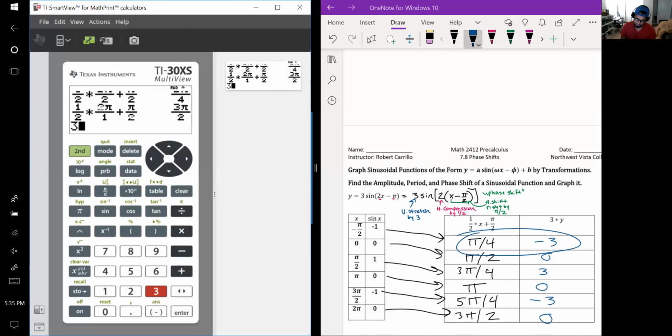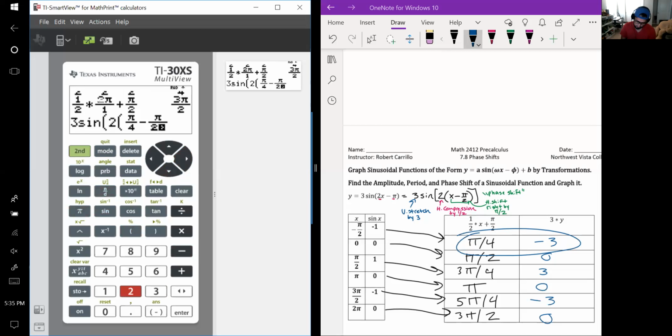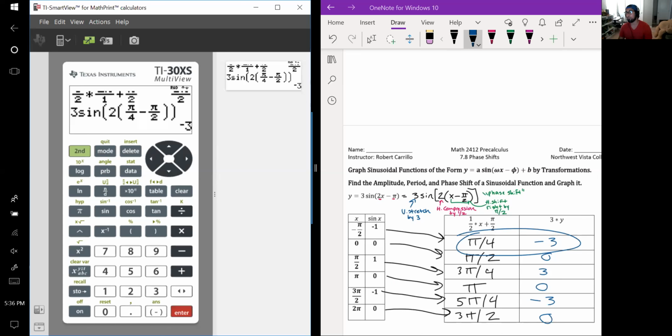And I'll say 3 sine of 2 times pi over 4 minus pi over 2, close parentheses, and that should give me -3. If it doesn't, I gotta make a new video. And there you go, -3. It checks out on the calculator.